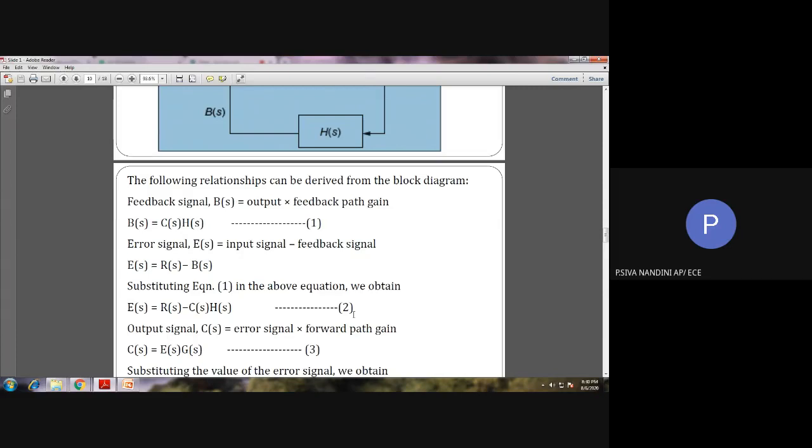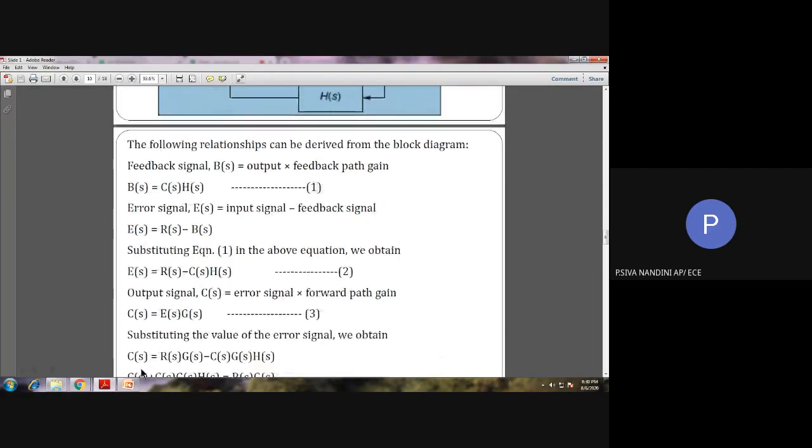While substituting, we obtain our equation like this. So here C of S is equal to R of S minus C of S H of S, all multiplied by G of S. So this equation becomes like this.